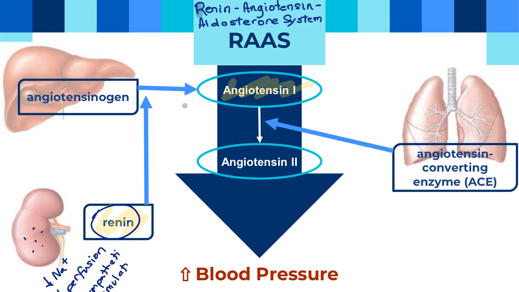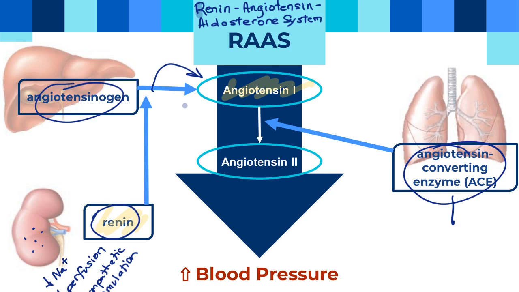Angiotensinogen is a precursor protein produced by the liver and then cleaved by renin to form angiotensin I. Angiotensin I is then converted to angiotensin II by, you guessed it, angiotensin converting enzyme, or ACE. This conversion occurs mainly in the lungs, where ACE is produced by the vascular endothelial cells.